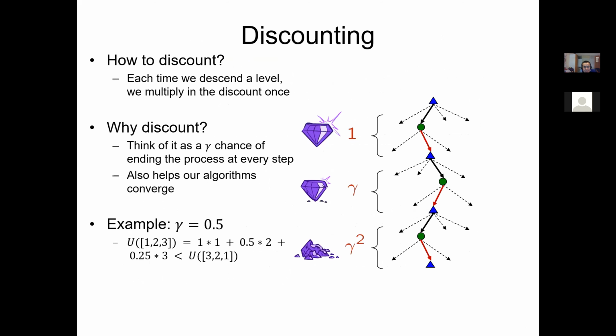So discounting, so why discount? Think of it as a gamma chance of ending the episode, ending the process at every step. So at every step, you have a particular chance of exiting, of leaving the game.